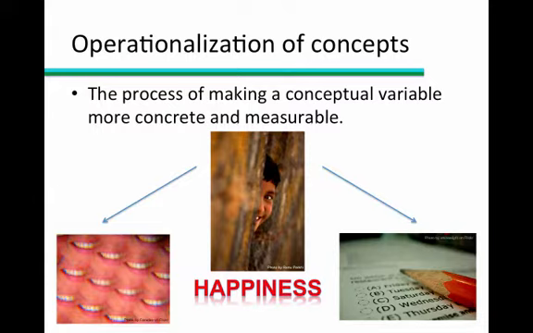The results of these two studies may vary greatly simply by the way in which happiness was measured. Because of this, it is very important to be very clear about exactly how a study operationalized a concept so that the results of the study can be considered in light of how the concept was measured.